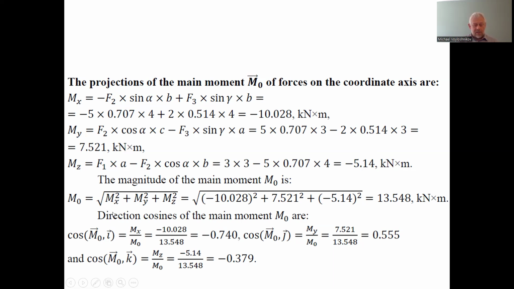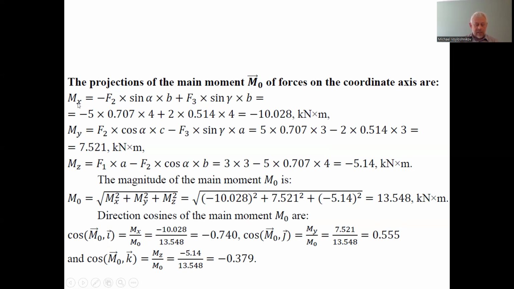So using the Pythagoras theorem, we can find the magnitude of the main moment as the square root of the sum of the three components squared. Finally, we have the main moment magnitude 30.548 kilonewton by meter. Next we have to find the direction cosines of the main moment.